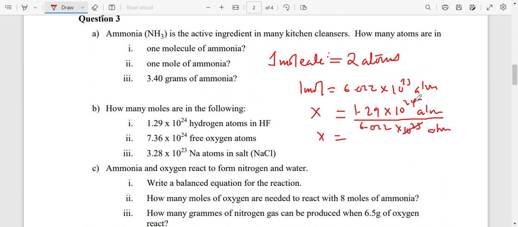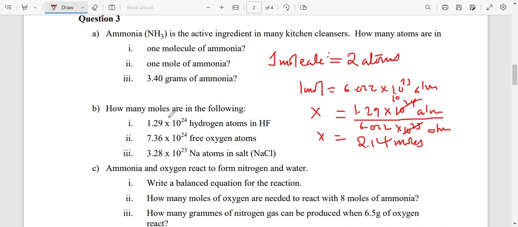The 23 can go into 24, we're going to remain with a 10. And so from here, all we are going to do is get the 1.29, we divide that by 6.022. The answer that we get, multiply by 10. So that is going to give us 2.14 moles. So that is going to be it.